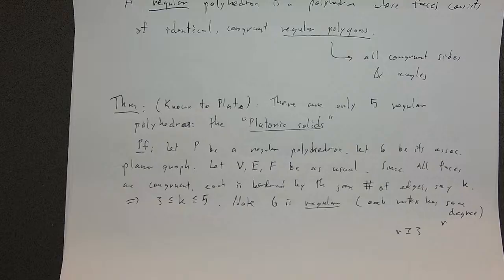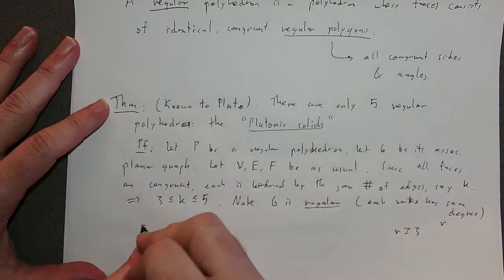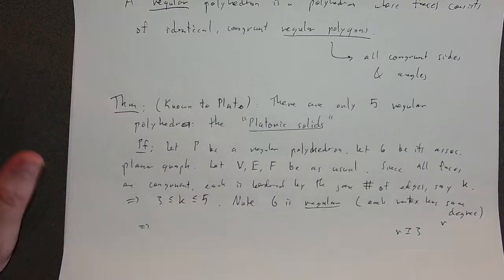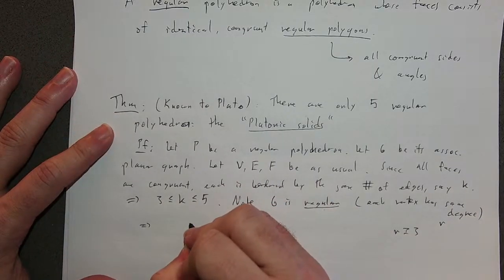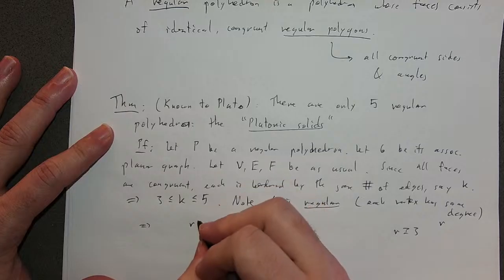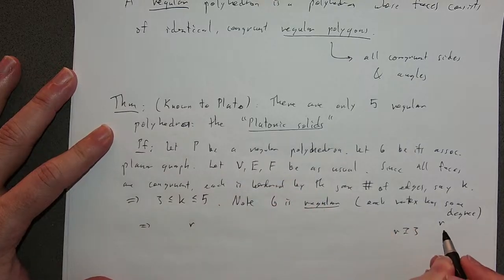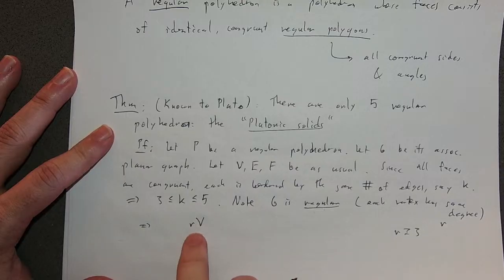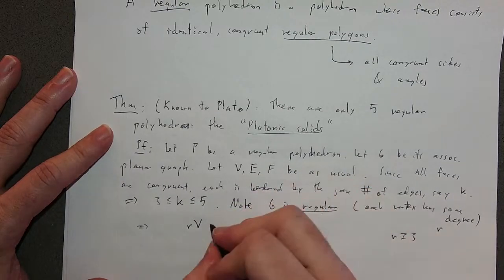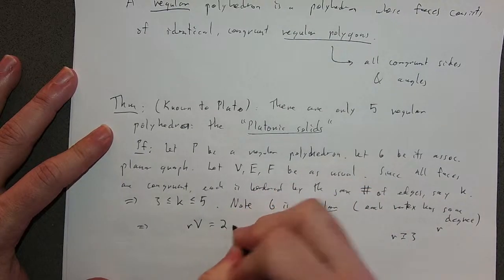Okay, and so again, from this theorem, so what does this mean? If we're summing over all of the vertices, the total sum of degrees is going to be r, whatever this r is, times the number of vertices. That total sum, of course, by the first theorem of graph theory is 2 times the number of edges.